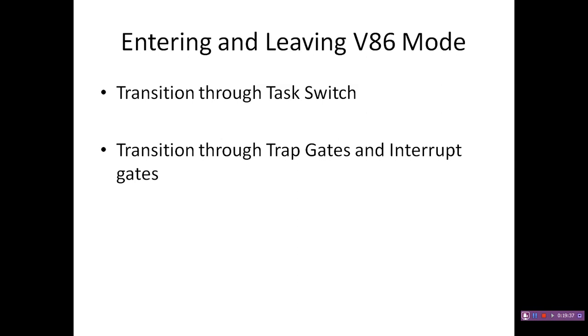The contents of all 8086 segment registers are then stored on the PL0 stack. After the processor stores all the 8086 segment registers on the PL0 stack, it loads all the segment registers with zeros before starting to execute the handler procedure.